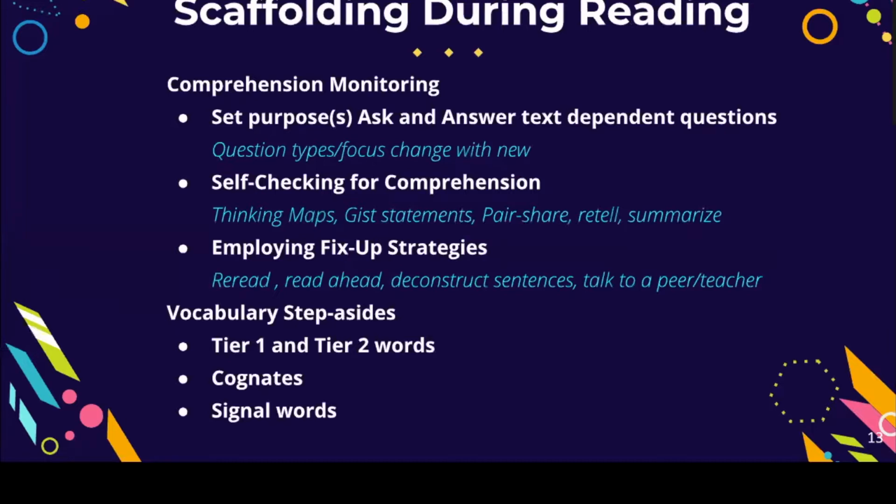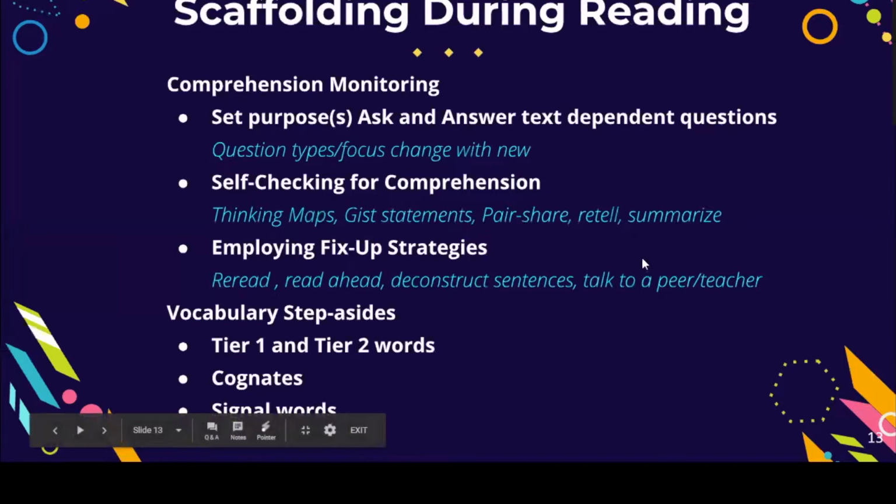And those are opportunities for teachers to catch where things are not going right, and opportunities for students to employ fix-up strategies. So of course, until they're doing those things automatically, the teacher models or cues them in different ways to reread or read ahead or deconstruct sentences that might be particularly tricky. And they might also talk to a peer about it, or even the teacher, which is of course what we want them to do as a last resort, but we don't want them stuck forever.